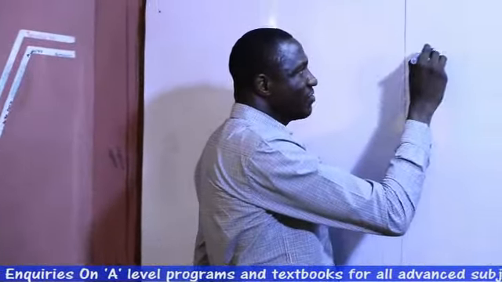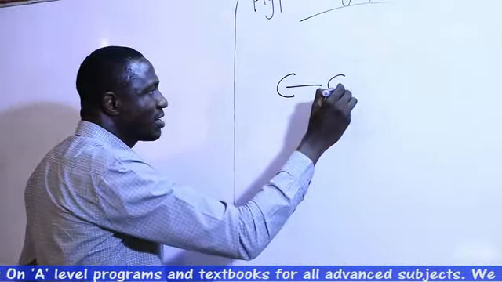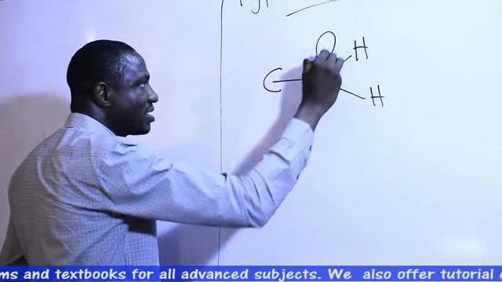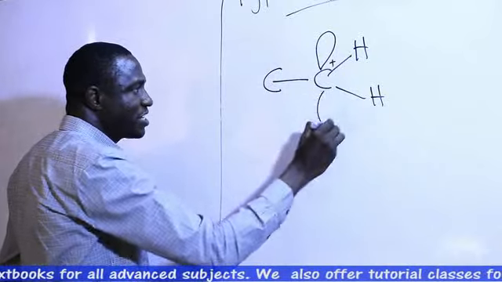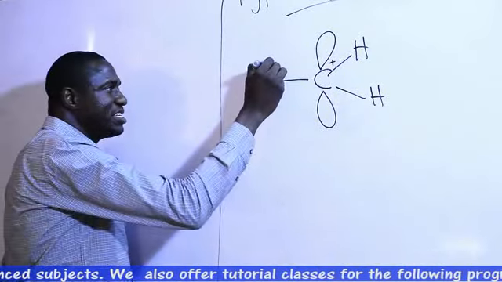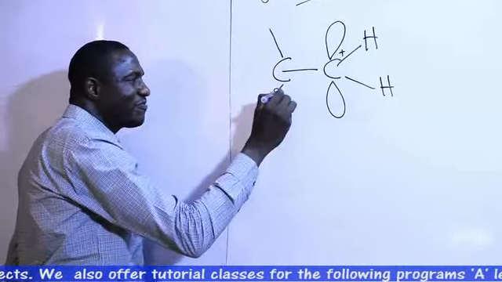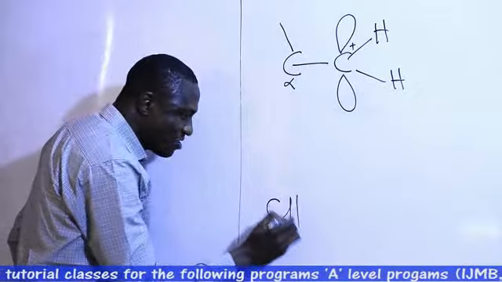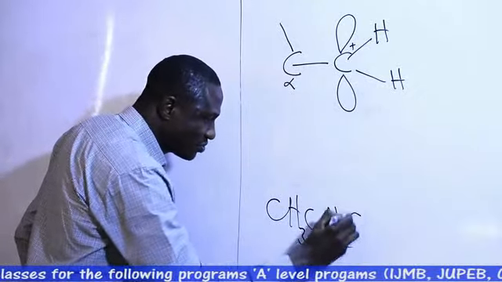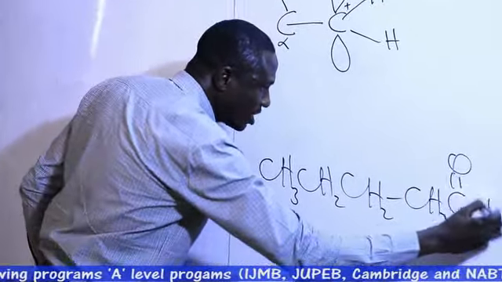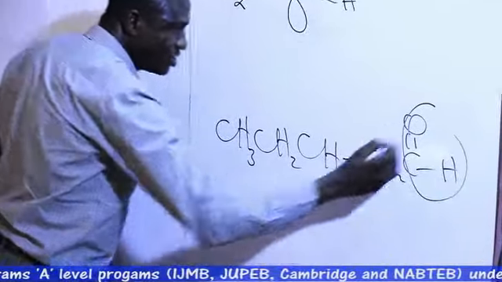For instance, if you look at an ethyl carbonium ion, the carbon atom carrying the positive charge has an empty p orbital. But this carbon atom, which is an alpha carbon, I think I need to quickly take you through that. When you have something like CH3-CH2-CH2-CH2-OH, the OH is the functional group in this molecule.